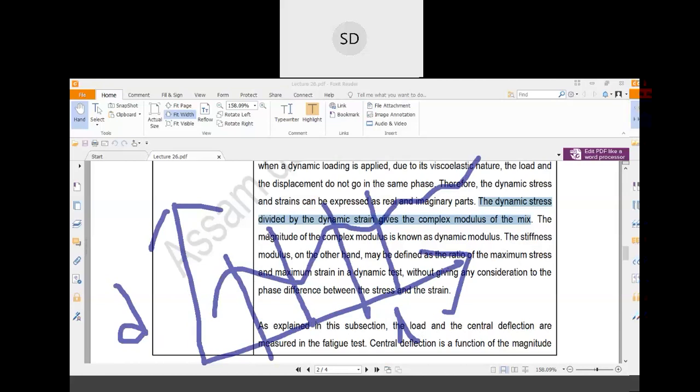And from this complex modulus or dynamic modulus, you will get a maximum value, which will occur because of the maximum stress and maximum strain. So if you divide the maximum stress by the maximum strain in a dynamic loading condition, you will get the stiffness modulus of the mix.